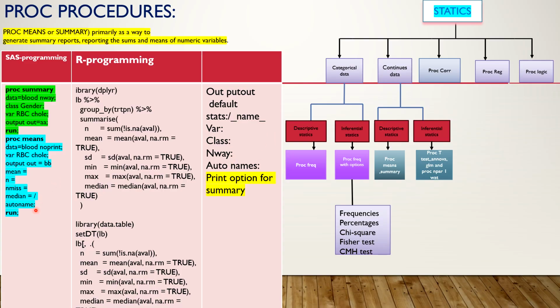Auto names I already told you, it will by default create the names. The print option for summary I told you, right. If you want to print like proc means, you have to use the print option. Here anyway it will group the data.